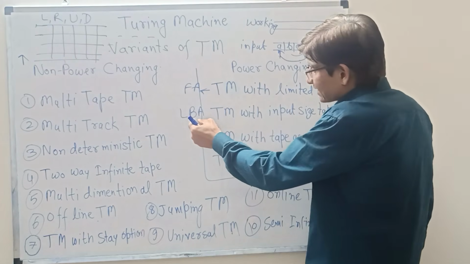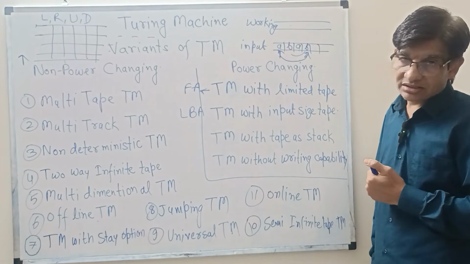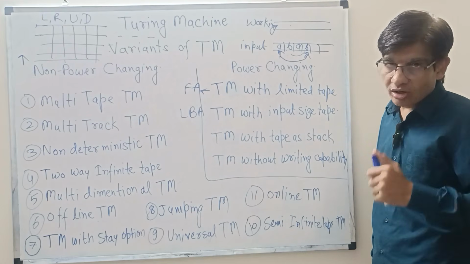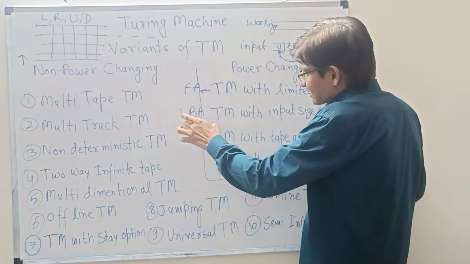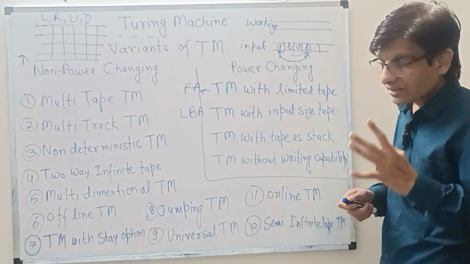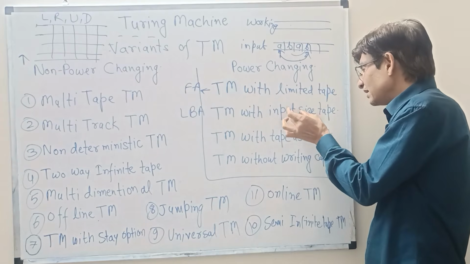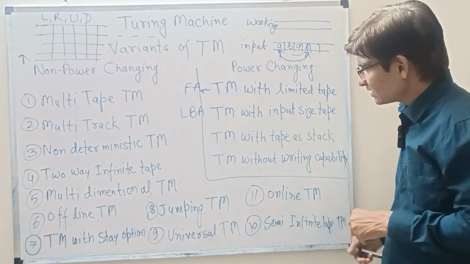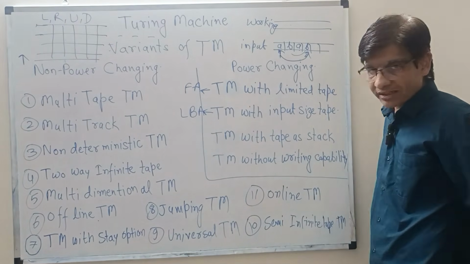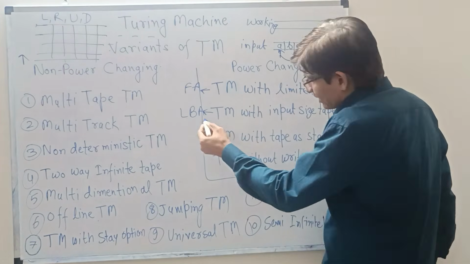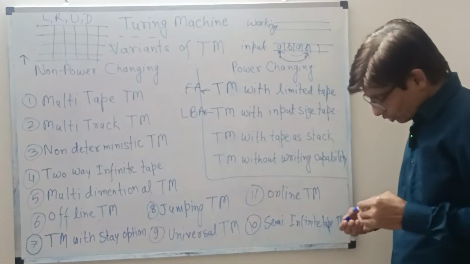Context sensitive grammars are covered in a separate subject, NLP or natural language processing. We can discuss this separately, but for now you can understand that if a Turing machine has input size tape always, then it will work as linear bounded automata.